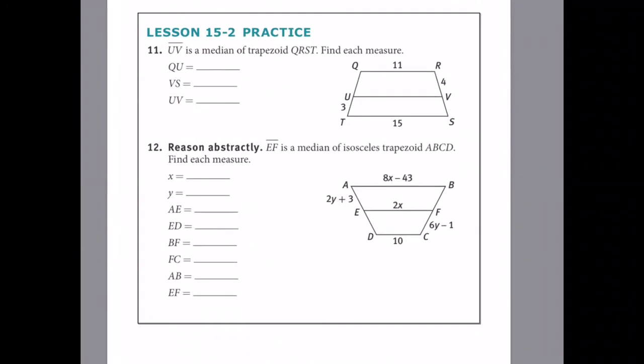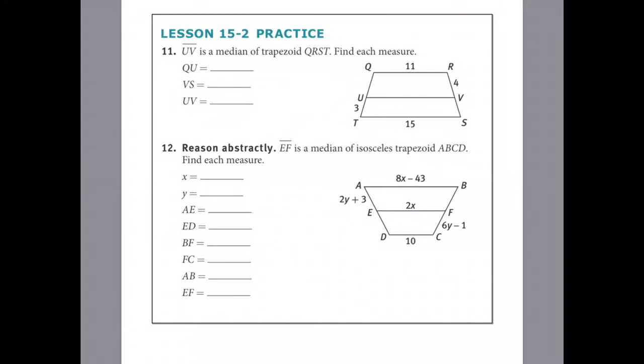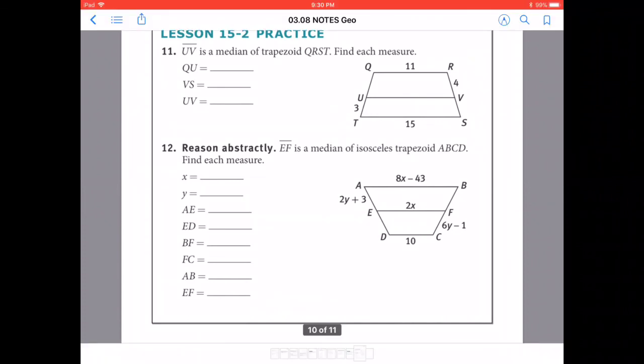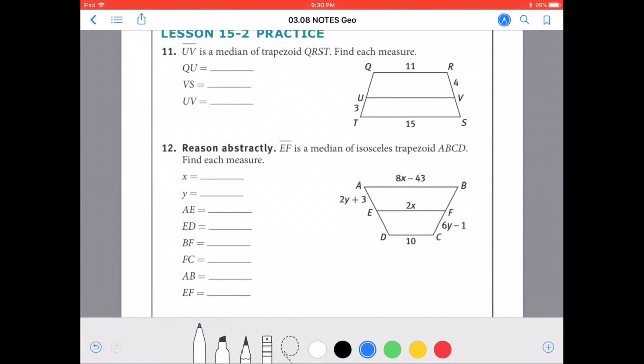So your homework tonight is going to be just these two problems where we have numbers. For 11, you can find these three line segments, QU, VS, and UV, which is all just numbers.